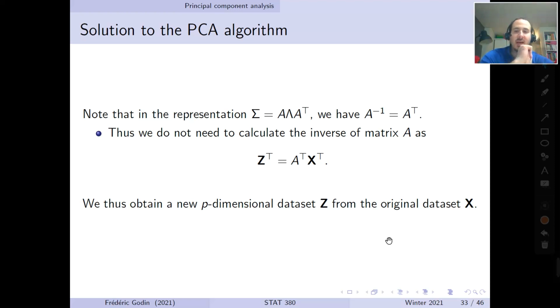And as we said, if we want to calculate the new data from the old data, it's pretty simple. We take the design matrix, we transpose it, we multiply by the eigenvector matrix transpose, and then we get our new data set, which is transposed, but you can simply transpose it again to get your data set of Z's.